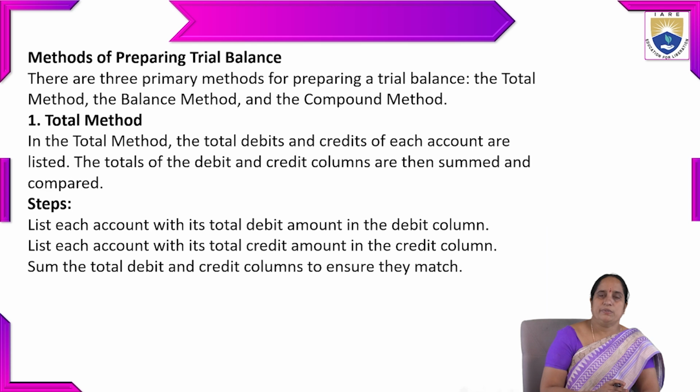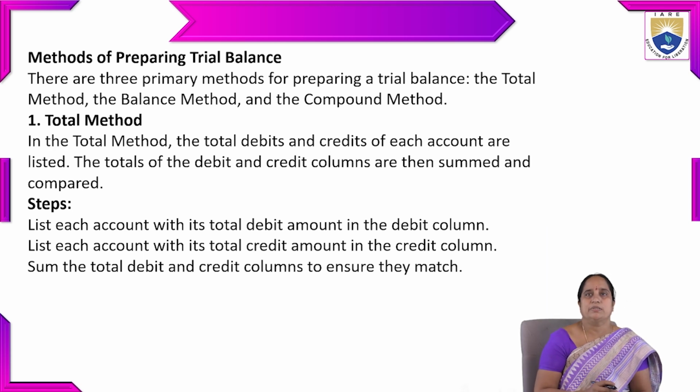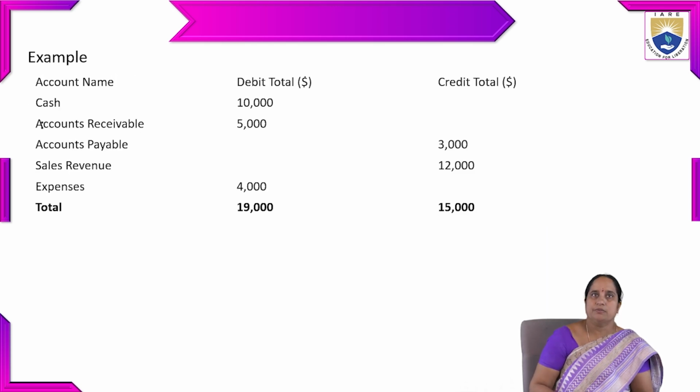The totals of the debit and credit columns are then summed and compared. The steps involved in this method are: list each account with its total debit amount in the debit column, list each account with its total credit amount in the credit column, and sum the total debit and credit columns to ensure they match with each other.